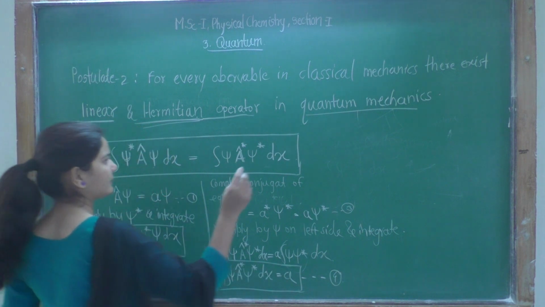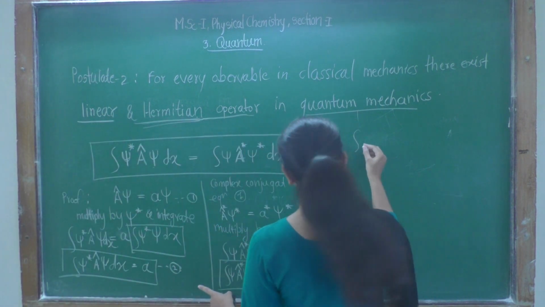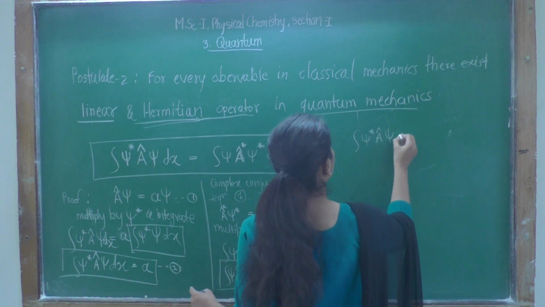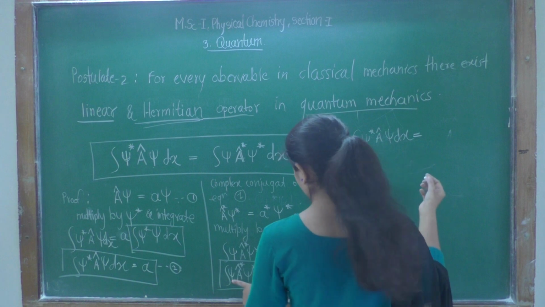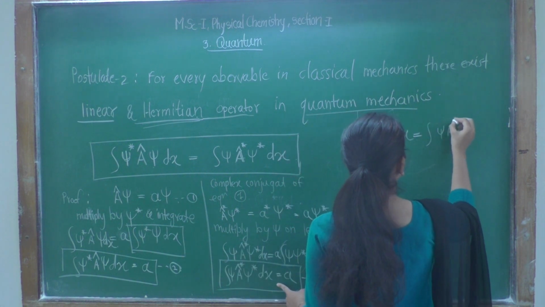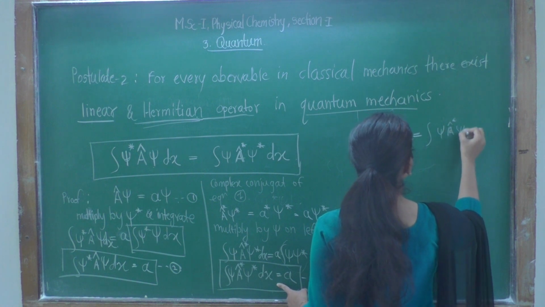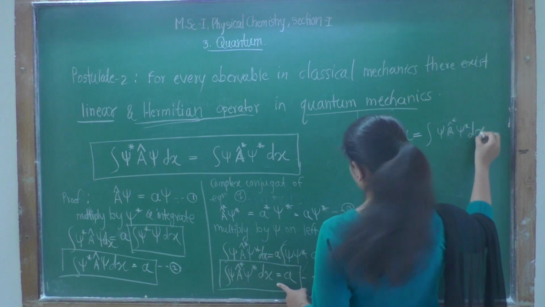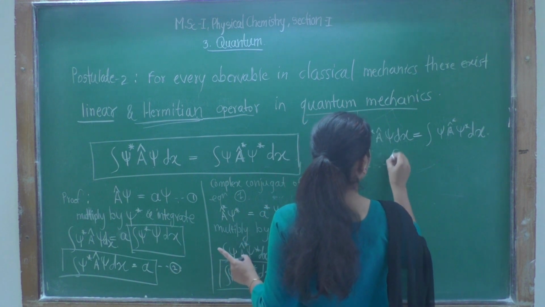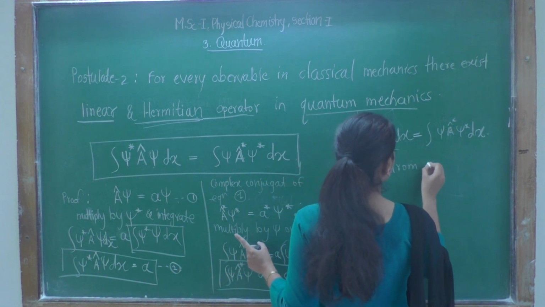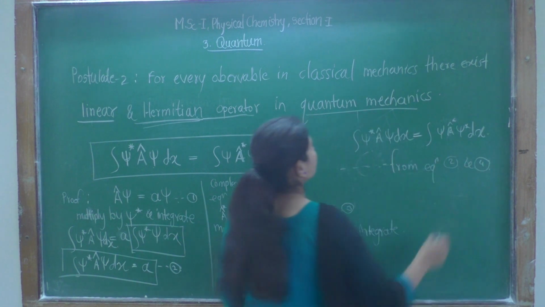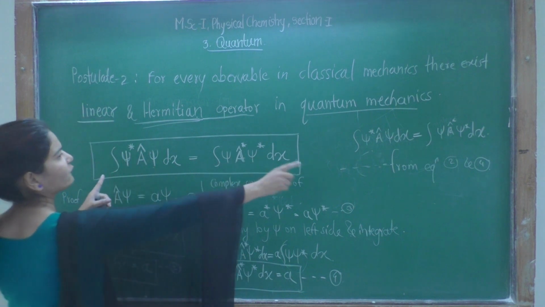So we can write integration of psi star A cap psi dx is equal to integration of psi A cap star psi star dx, right, from equation 2 and 4.